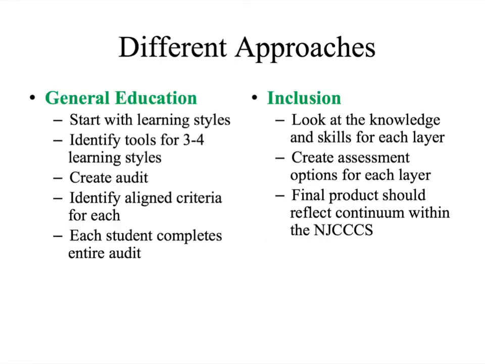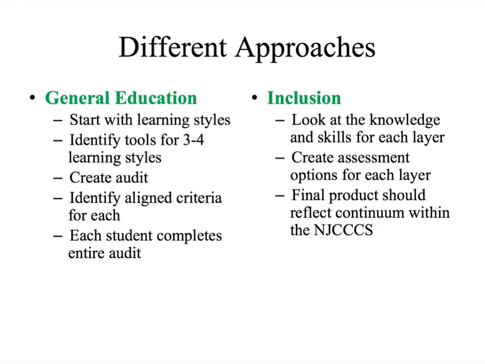So let's talk about how that would work. On the gen ed side, the first thing that you would do is start with the learning styles of your students. So through some kind of pre-assessment, a learning style inventory, you would know the learning styles of your students. And you would try to identify, let's say, 3 to 4 different assessment formats that address 3 to 4 different learning styles that exist in your class.